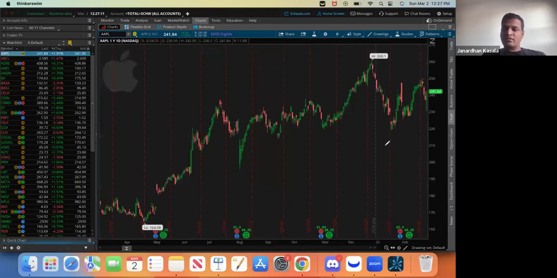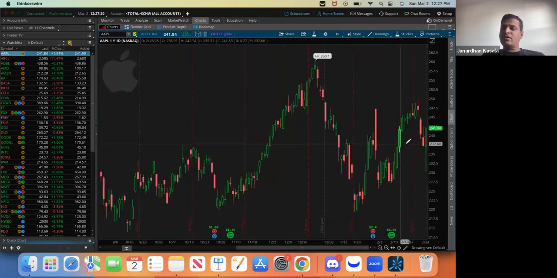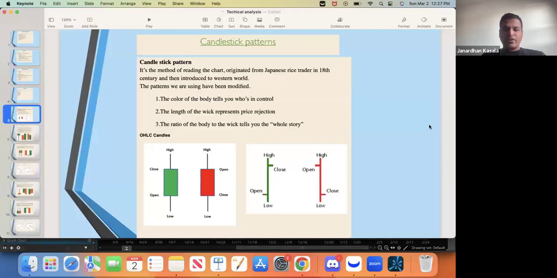So this candle is Friday's candle. Whenever you are looking at a candle, if it's a green candle, this is the open and this is the close. Close will always be at the top when it is a green candle, and if it's a red candle, close will always be at the bottom.